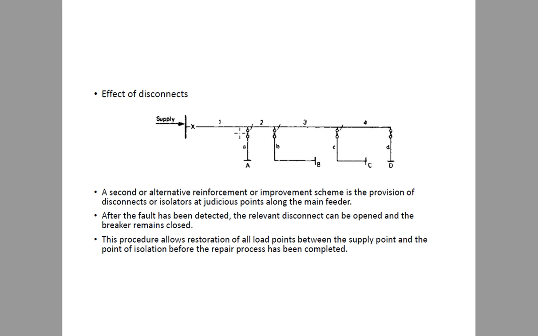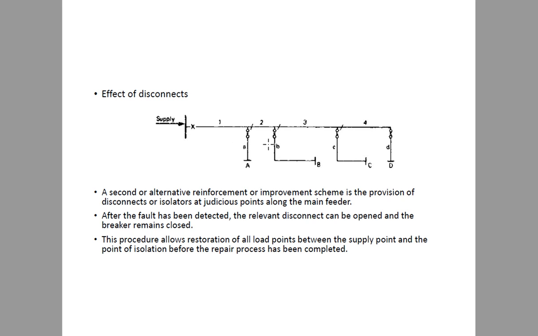In the example which we took in the last e-lecture, all these distributors are given with the provision of fuse. This eight-like structure represents the fuse, and this cross represents the circuit breaker.